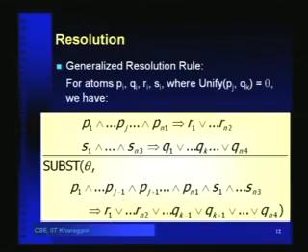So, here is the generalized resolution rule. Let us study this closely. We are given say two rules: P1 through Pn1 implies R1 through Rn2, and S1 through Sn3 gives us Q1 through Qn4.